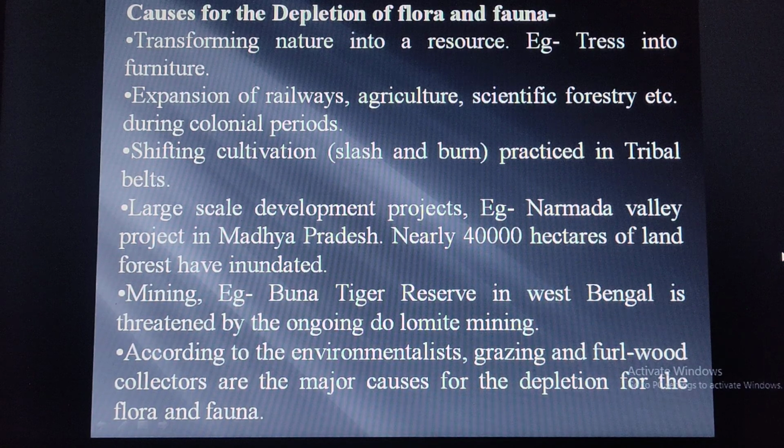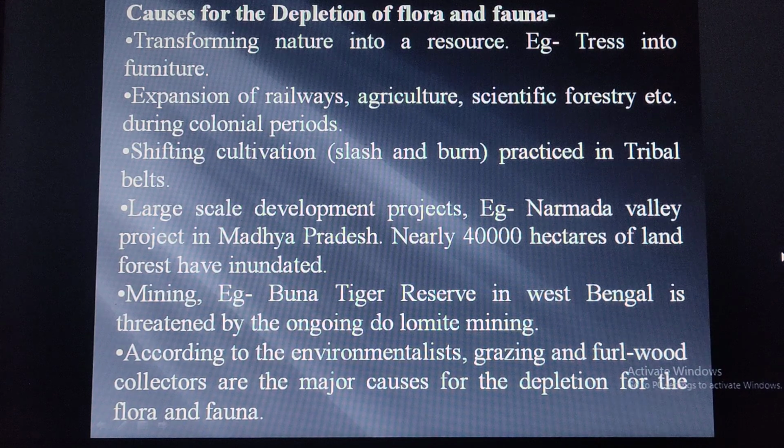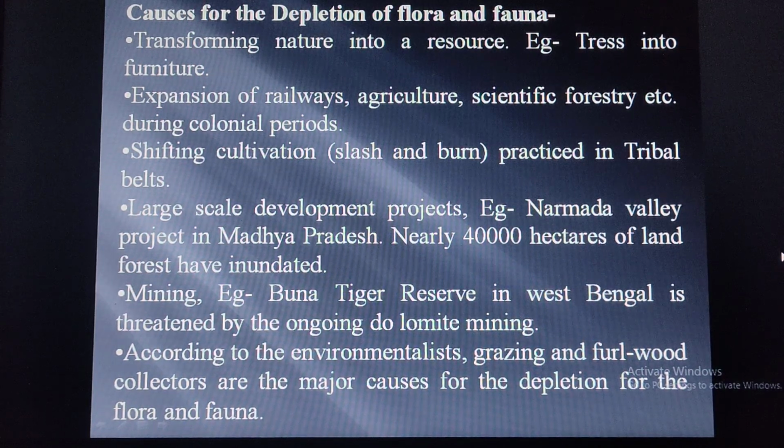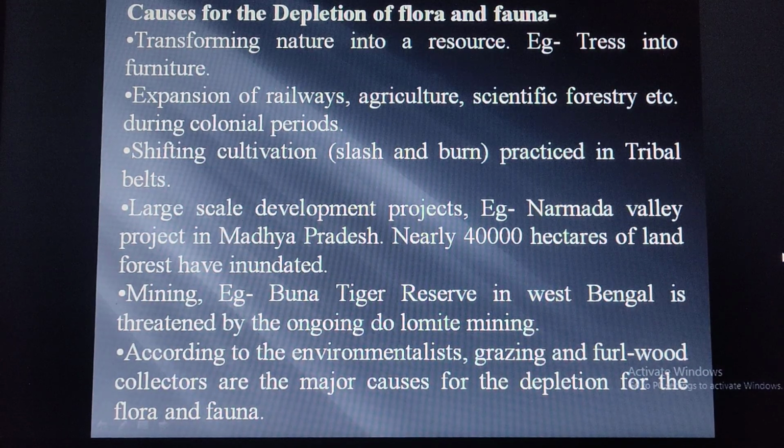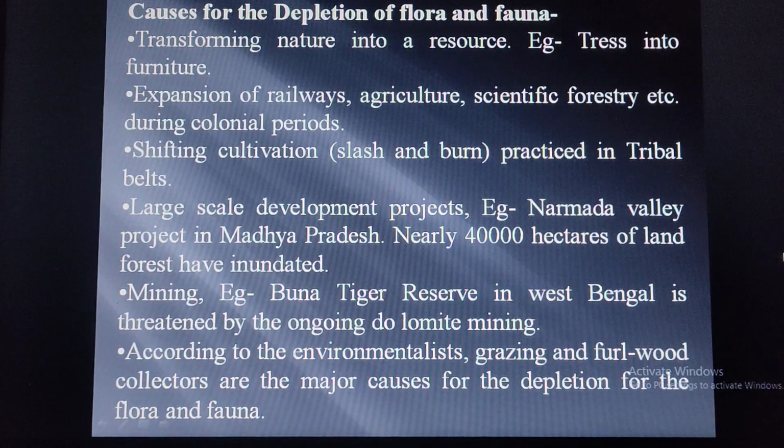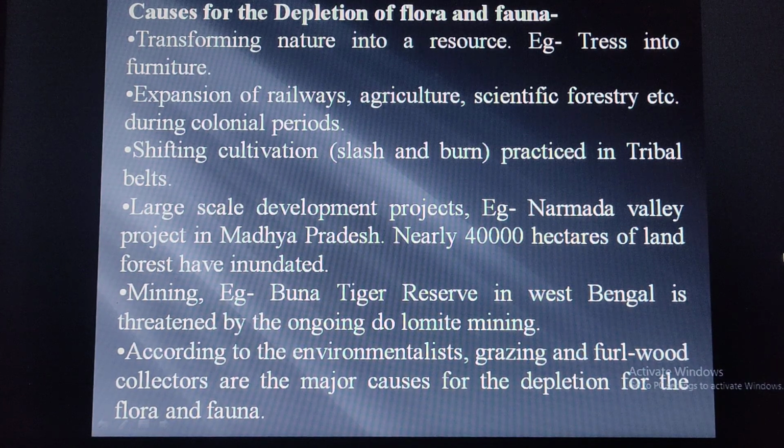Expansion of railways, agriculture, scientific forestry, etc. during the colonial period. Shifting cultivation, that is slash and burn, practiced in tribal belts. Large-scale development projects, for example the Narmada Valley project in Madhya Pradesh, where nearly 40,000 hectares of forest land were included.